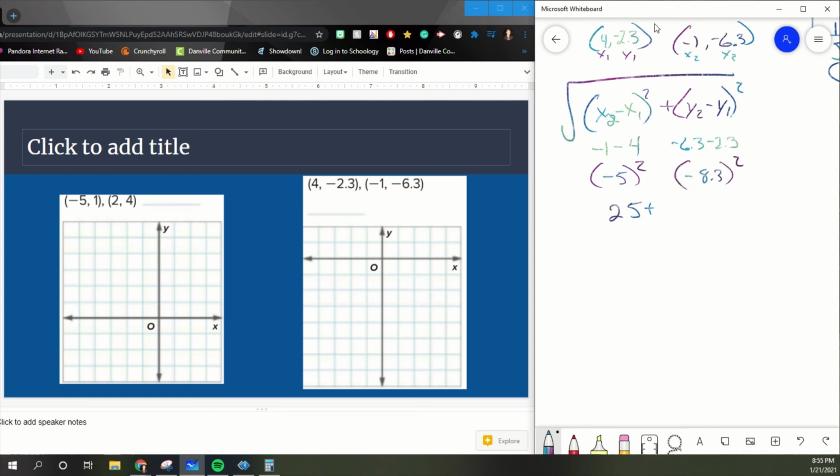Oh, sorry, we're subtracting that negative. So we really get not negative 8.3. We're really adding a positive there, because we were subtracting a negative. So then you get negative 4 squared to give you 16. So we get 41, square root of 41.